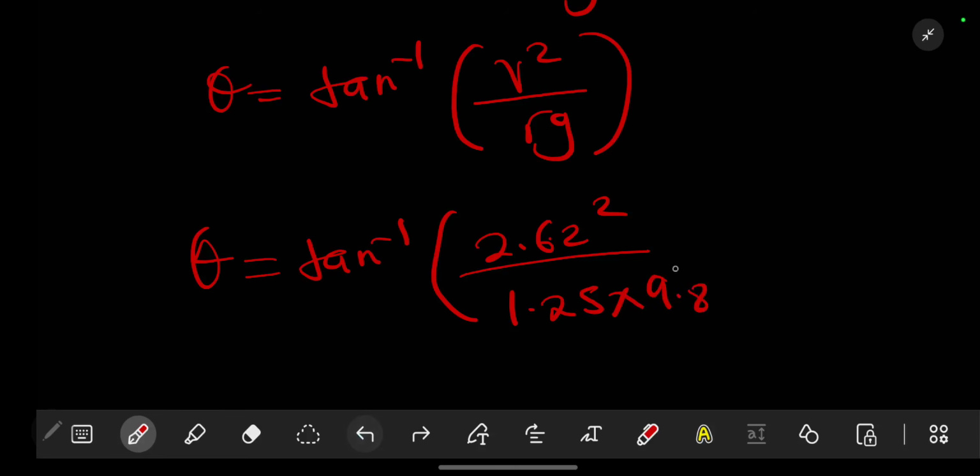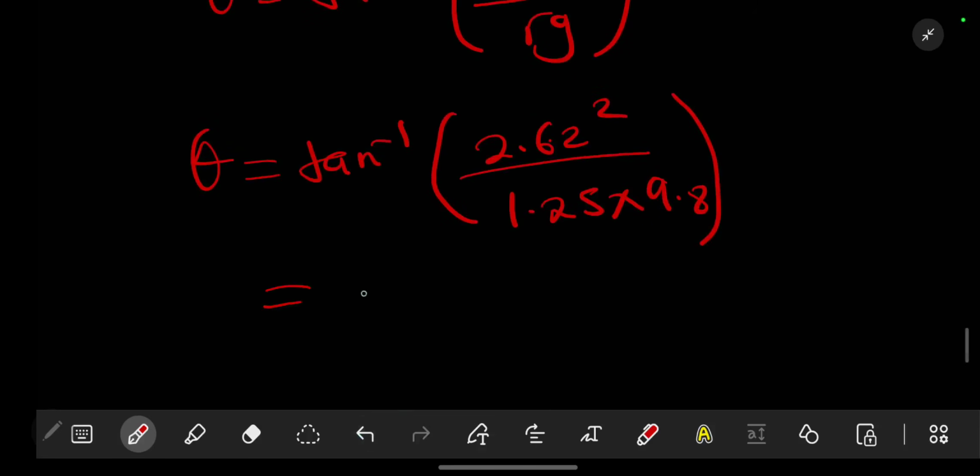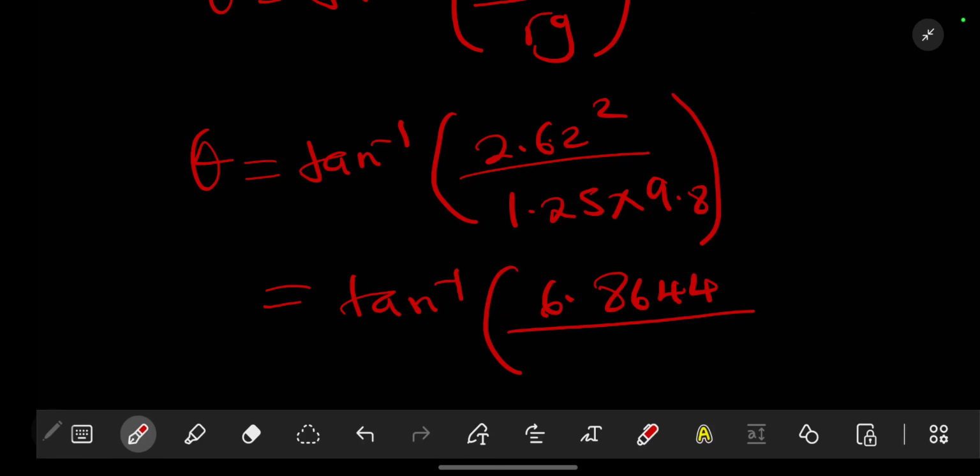So this gives us the tan inverse of our 2.62 squared. This gives us 6.8644 divided by our 1.25 times our 9.8. This gives us a value that is equivalent to 12.25, like that.